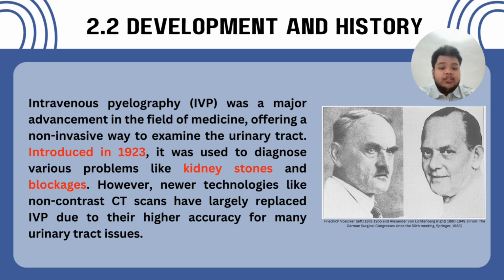This method was simpler, safer, and more practical. IVP played a crucial role in diagnosing various urinary tract conditions, but over time, other radiographic modalities have gradually replaced IVP. Non-contrast computed tomography, or NCCT, has become the gold standard for diagnosing many urinary system disorders.